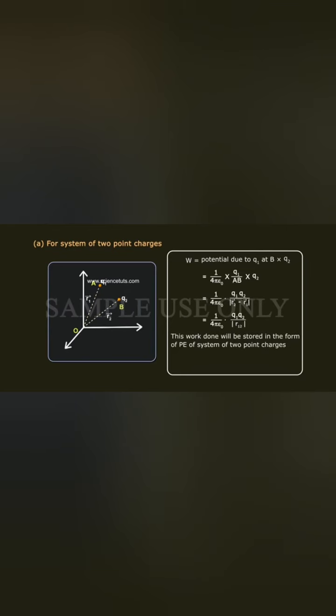This work done will be stored in the form of PE of the system of two point charges. Therefore, U is equal to 1 by 4 pi epsilon naught dot Q1 Q2 by R12.